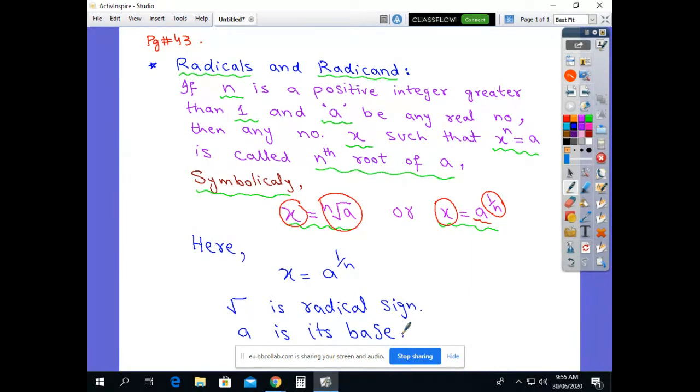This is a radical sign, and this number is its base.